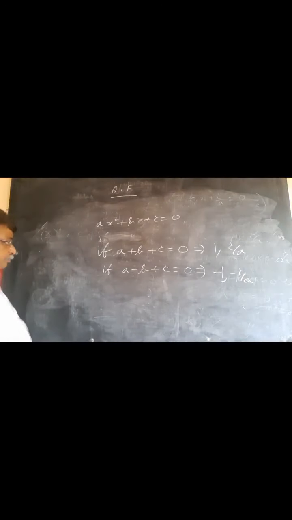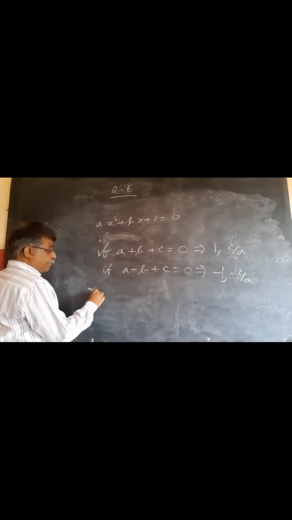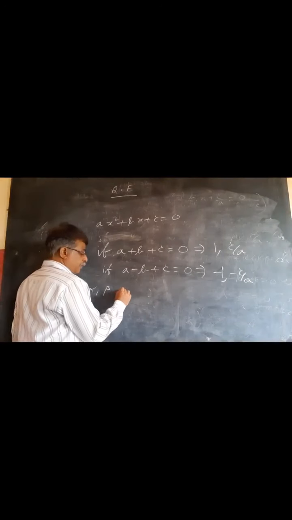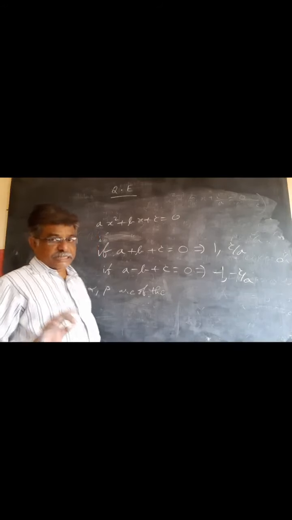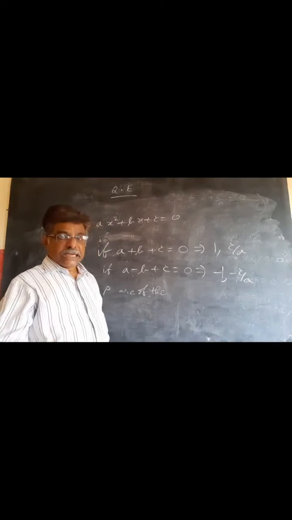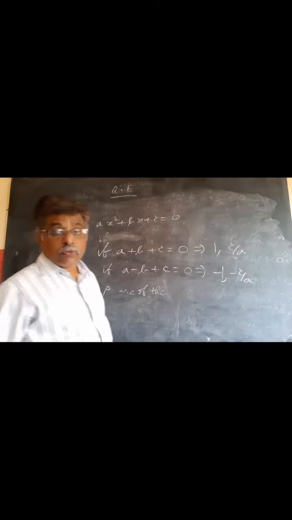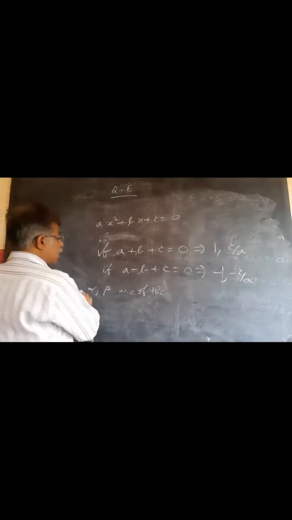Similarly, if alpha beta are of the opposite side, then c by a is always negative. Means if c by a is negative, we can say that alpha beta are of opposite sign.